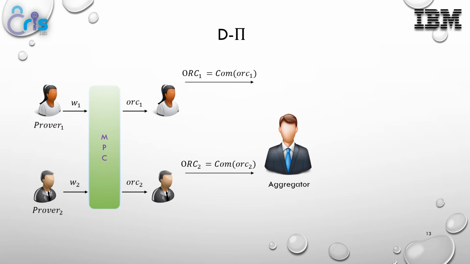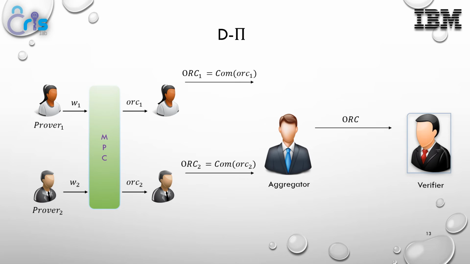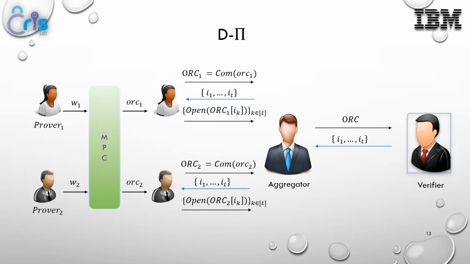The aggregator, using the homomorphic property of the commitment scheme, combines the oracles and computes the final oracle, which is given to the verifier. The verifier makes its queries, which are forwarded to the provers. Then the provers send the corresponding openings to the aggregator, which are combined and sent to the verifier.